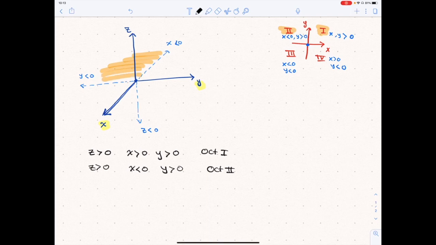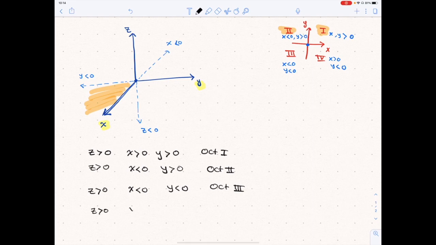For octant 3, we're going to go to quadrant 3 of the XY plane with Z being positive. So I have X is negative, Y is negative. That's my octant 3. And the fourth one is right here, referencing quadrant 4. I have Z positive, X positive, Y negative, and that's your octant 4.